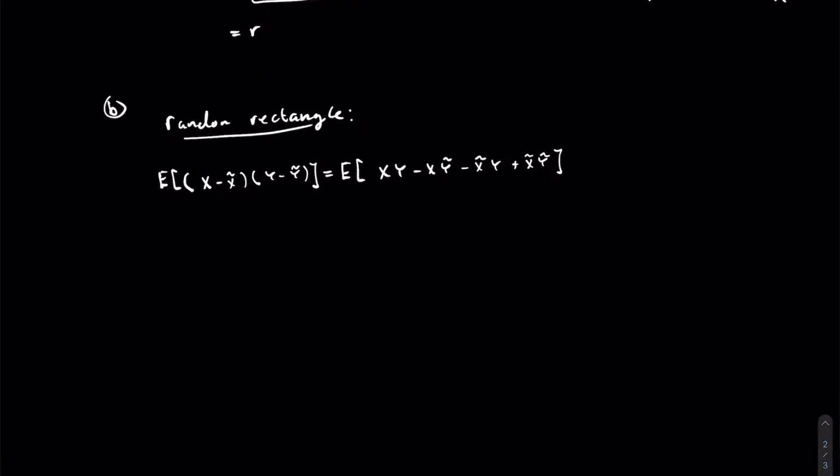And using the properties of linearity, we end up having the expectation of x, y, minus the expectation of x, y tilde, minus the expectation of x tilde, y, plus the expectation of x tilde, y tilde.